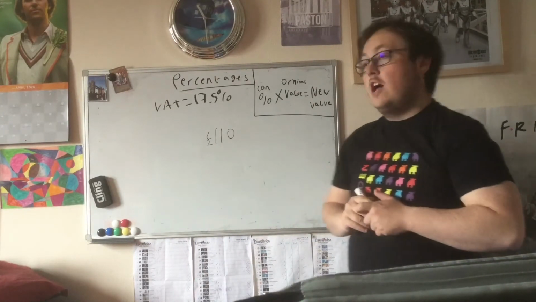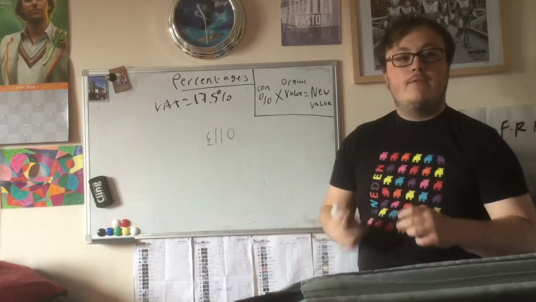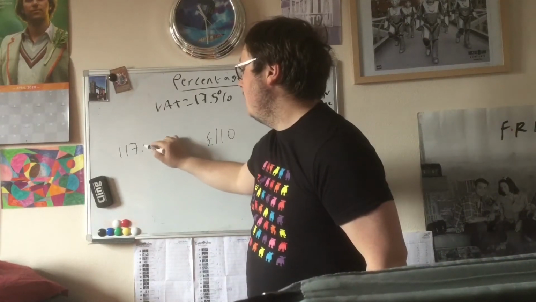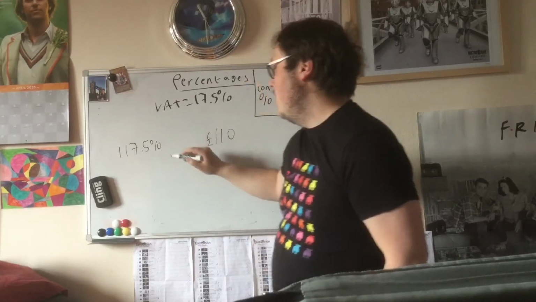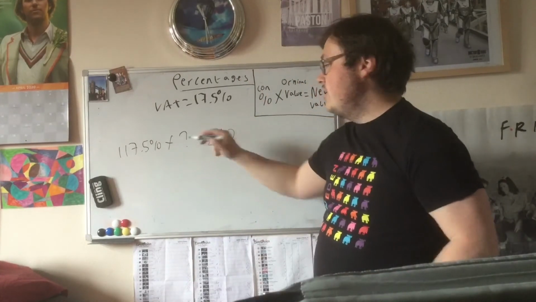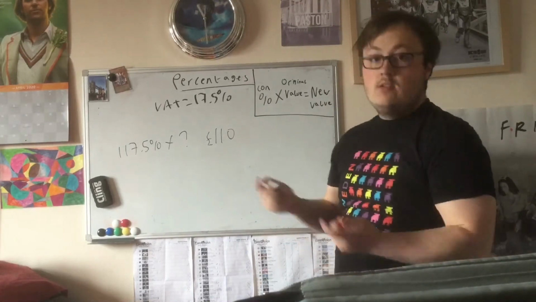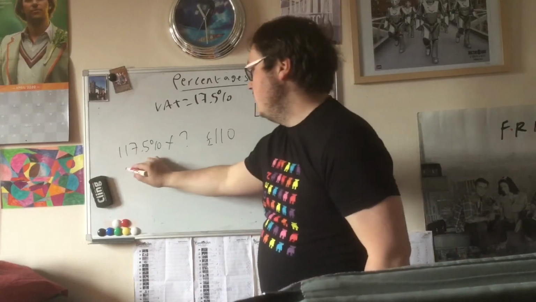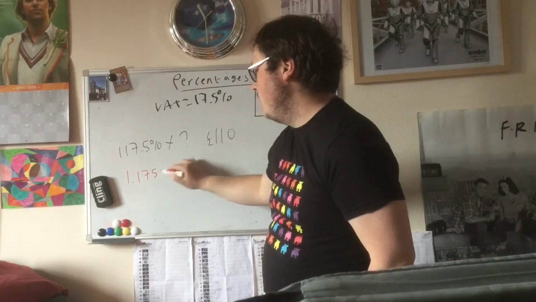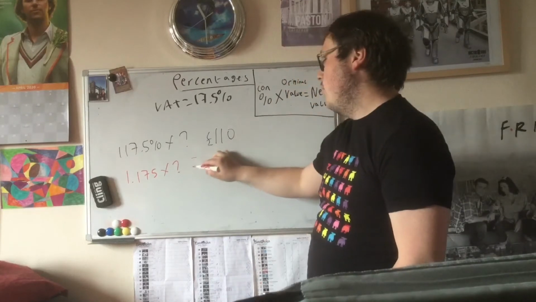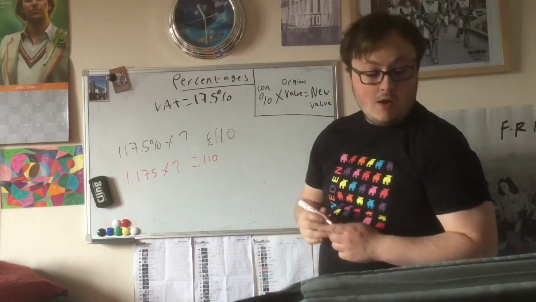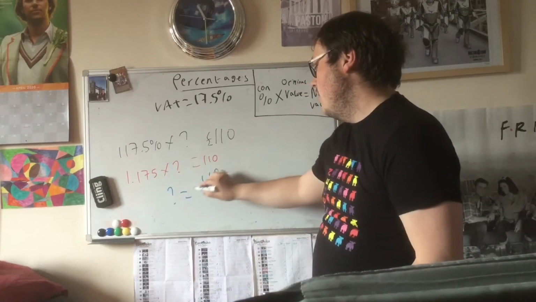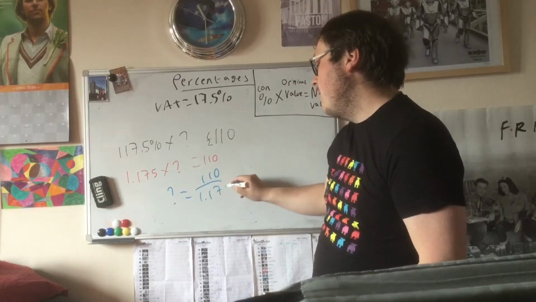So, if it has 100% and we're adding 17.5 because it's on top of it, then it is 117.5%. But we don't know our original value. We're still going to convert it though, so 117.5% as a decimal is 1.175. We're still timesing it by an unknown to get 110, but to find our unknown, we divide 110 by 1.175.